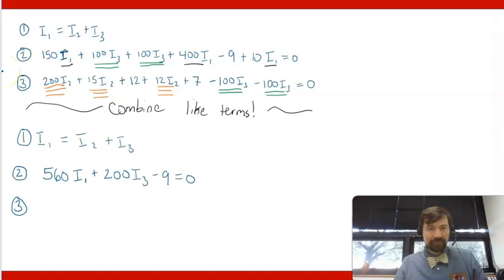So if I combine these, 200 plus 15 plus 12 should give me 227 of I2, and then minus 200 of I3, and then plus 12 plus 7, so plus 19 is equal to 0.